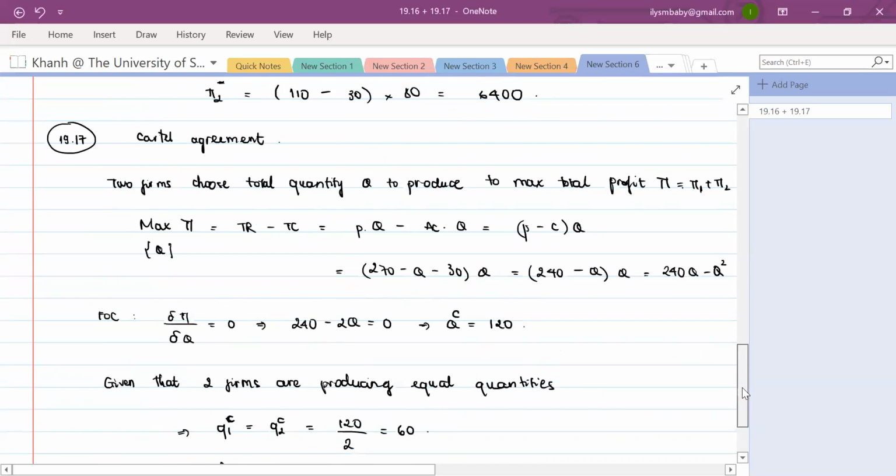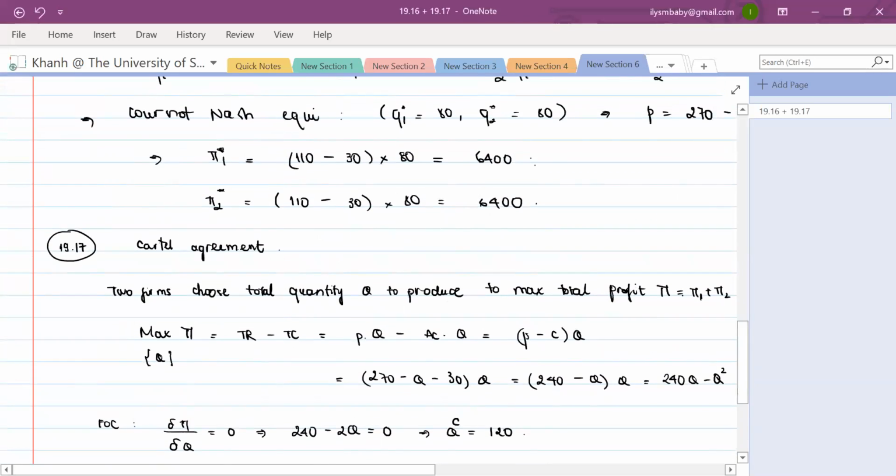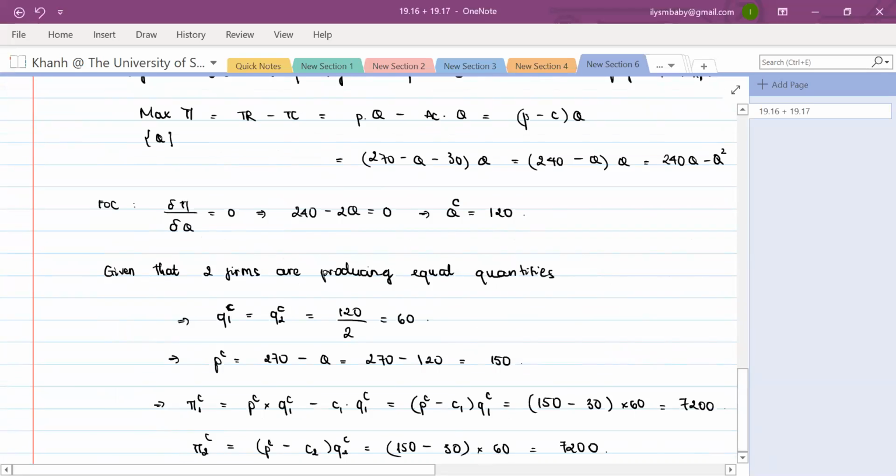So if you compare the profit of the two firms under the cartel agreement to the profit under the Cournot equilibrium, where they are competing with each other, the two firms are now earning a higher profit.